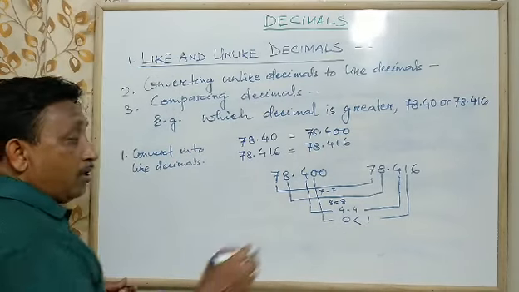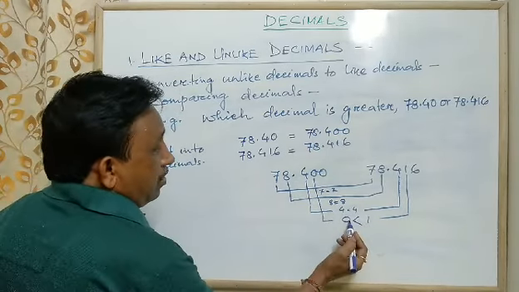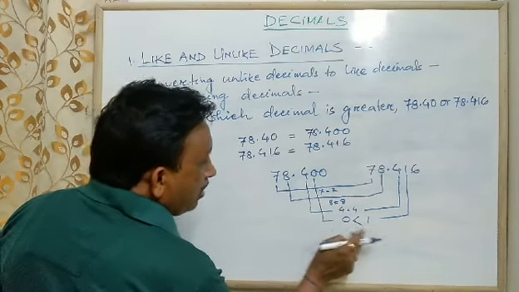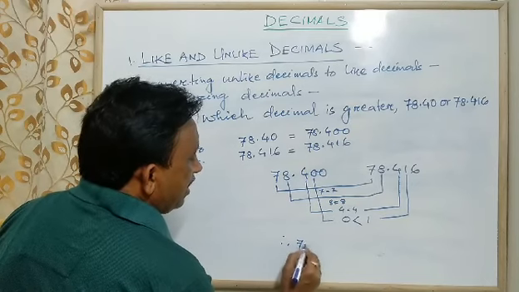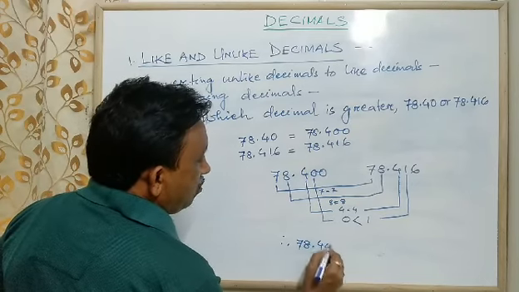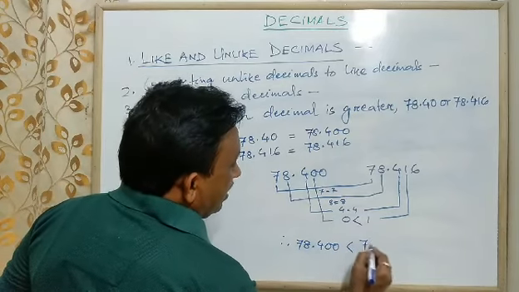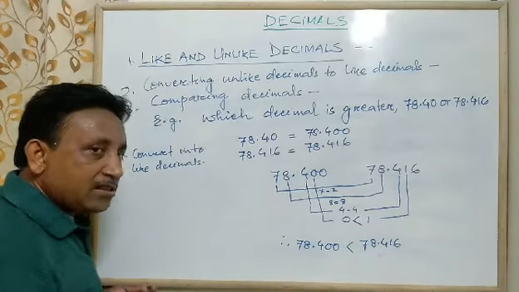So 0 is less than 1 means what? 1 is greater than 0. So once we get this, immediately we can say that 78.400 is less than 78.416. Many a times we write the answer like this.